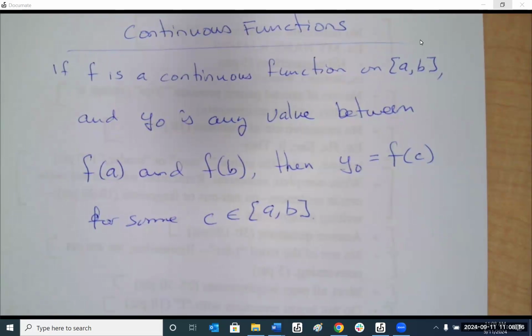I'll draw a picture about this in a second. If y sub 0 is a point between f of a and f of b, that means it corresponds to some value f of c, where the c value, the x value, is between a and b.